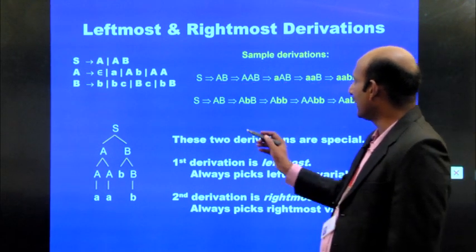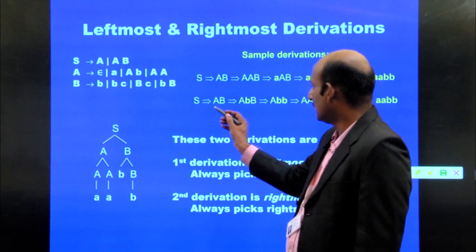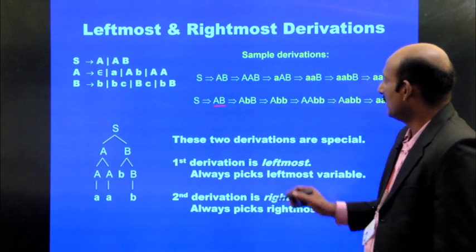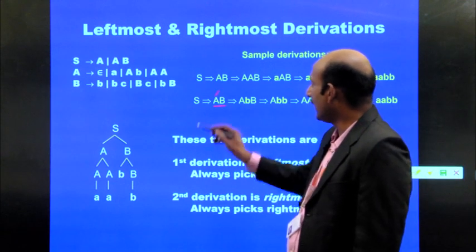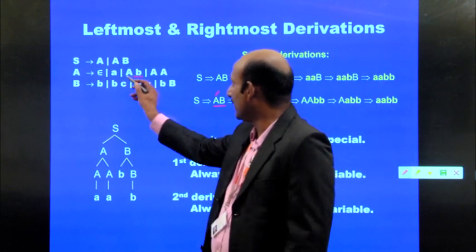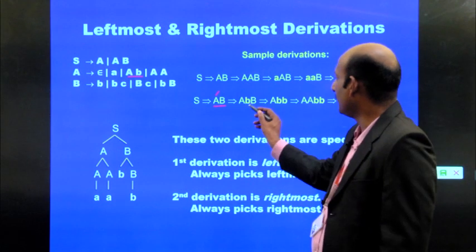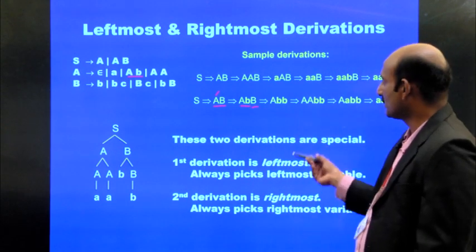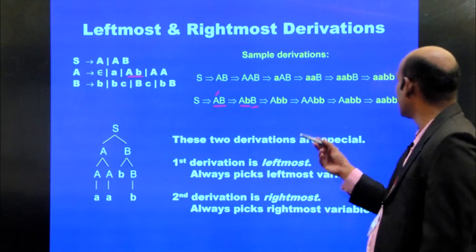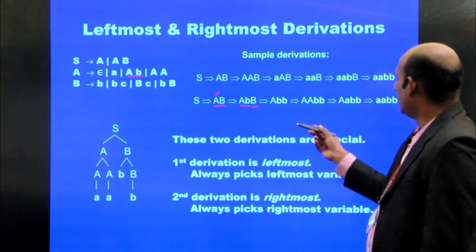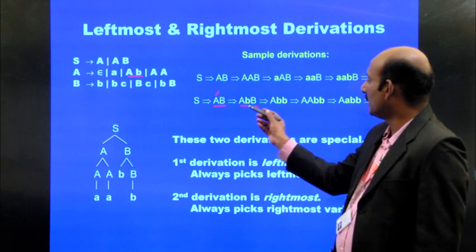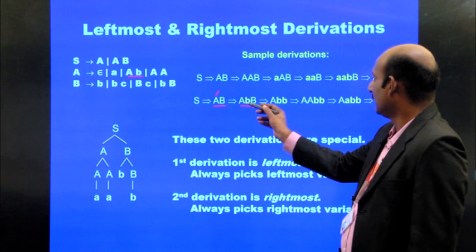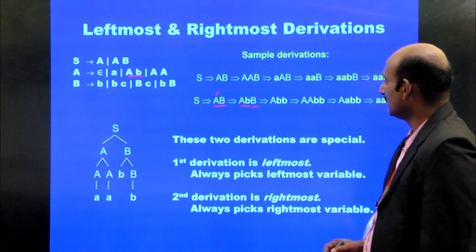Similarly, we take S tends to AB. Now this A can be replaced by AB. Here AB, then the remaining thing is B. We can choose some other productions. We can go for replacing this one. Then this AB, A, B, B likewise.